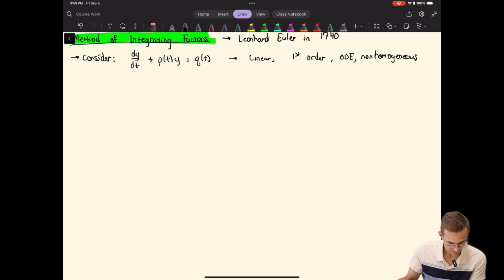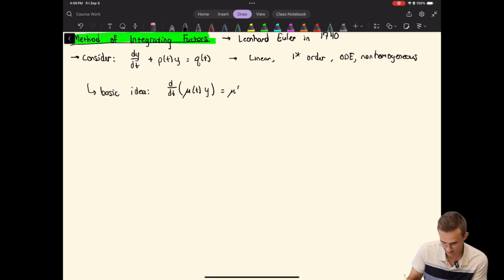Okay? So the basic idea of the integrating factor is the following. We want to rewrite the equation in the form d/dt of mu(t) times y is equal to mu(t) times q(t).